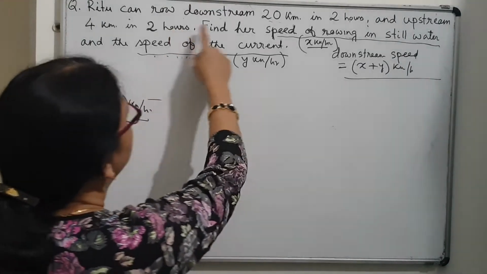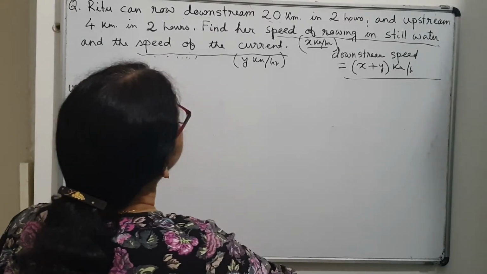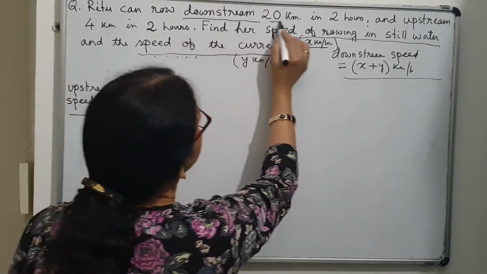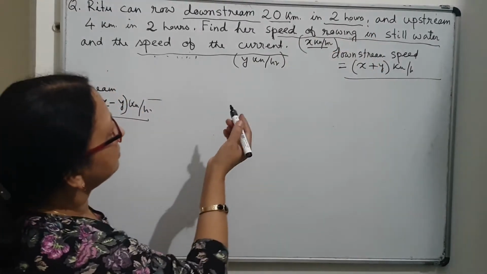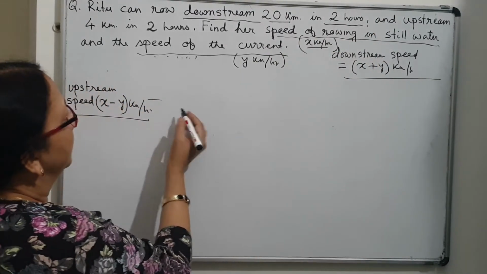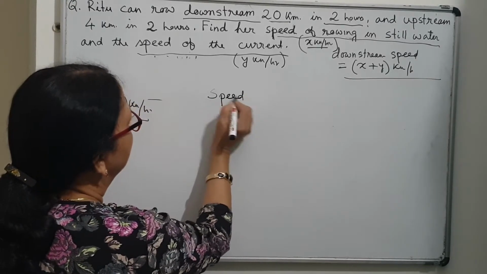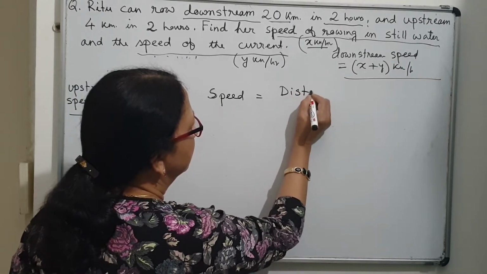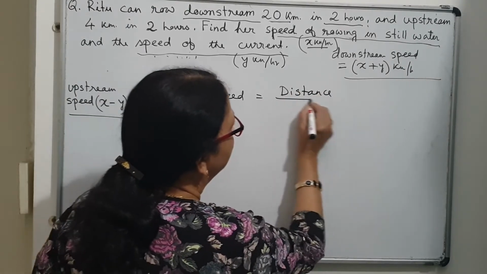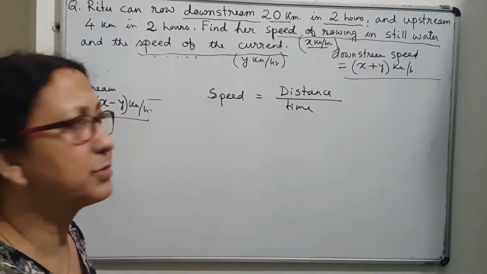Now for forming the equation, the distance traveled downstream is given as 20 kilometer and the time taken is 2 hours. As we know, speed is distance moved divided by the time taken to cover the distance. That is the basic definition of speed.